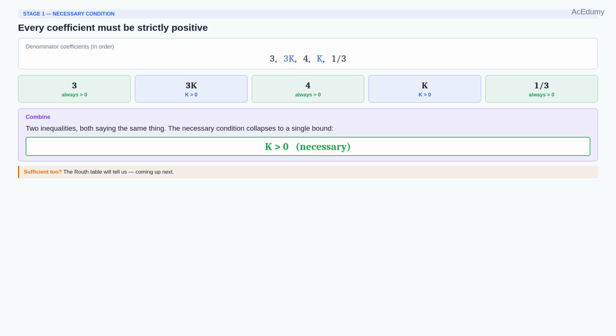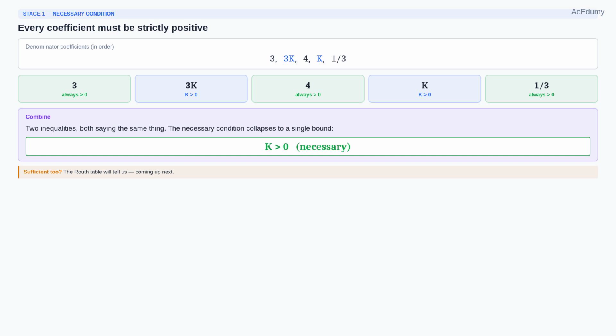Stage 1, the necessary condition. List the coefficients of the denominator in order: 3, 3k, 4, k, 1/3. Two of them carry the parameter, 3k and k. The other three are fixed positive numbers.